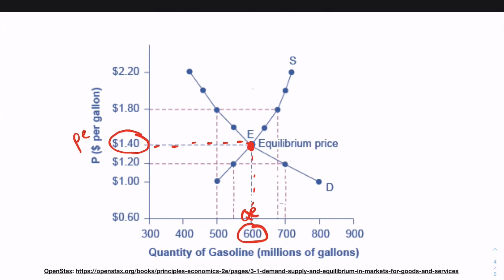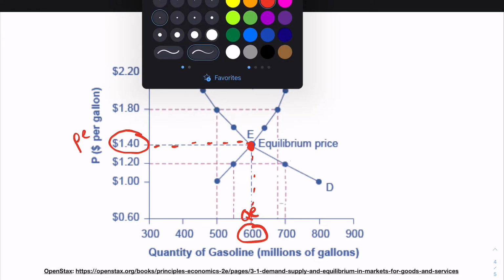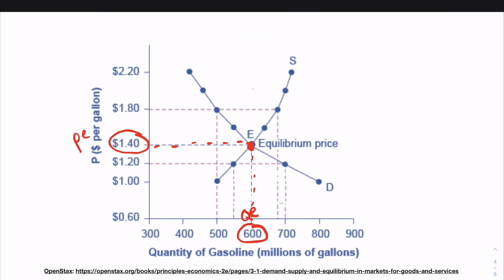Now, if we were to have changes in demand or supply, we're going to get changes in our equilibrium price and or equilibrium quantity. Let's say, for example, that demand increases. If we have an increase in demand, that means that we are going to shift to the right. So this line here, D1, that could be an increase in demand.